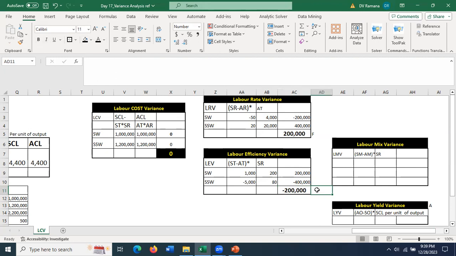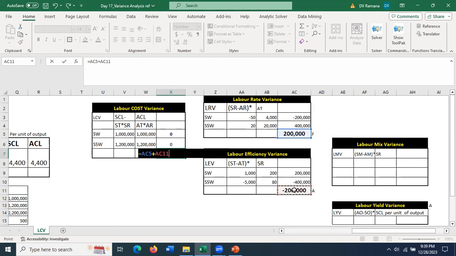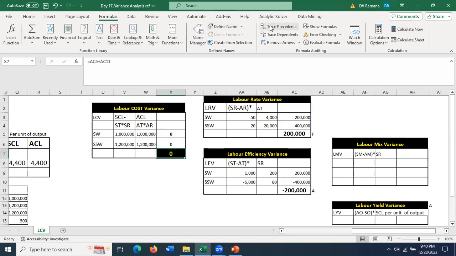So the favorable rate variance plus the unfavorable efficiency variance become zero labor cost variance. Why? The benefits of rate variance have been nullified by the efficiency variance, or vice versa.